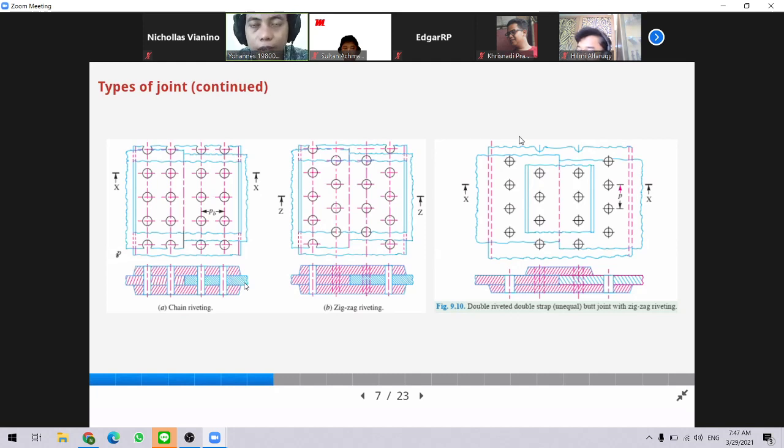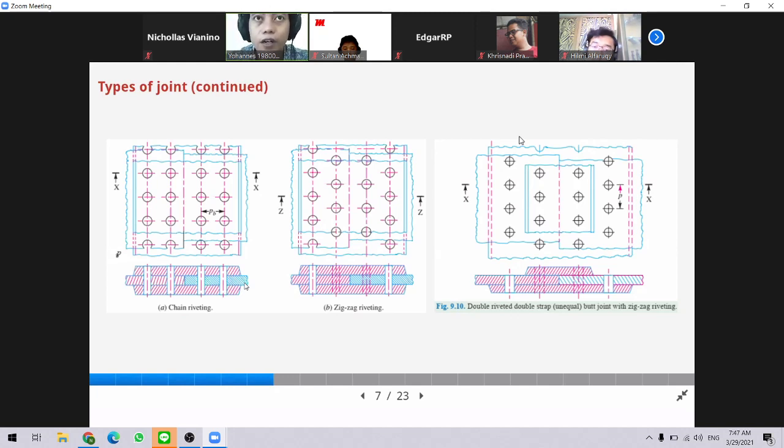When we design the rivet joint, we have to look at the requirement of the joint itself, I mean the characteristic of the load. If a little bending moment is allowed, then we can use a lap joint.